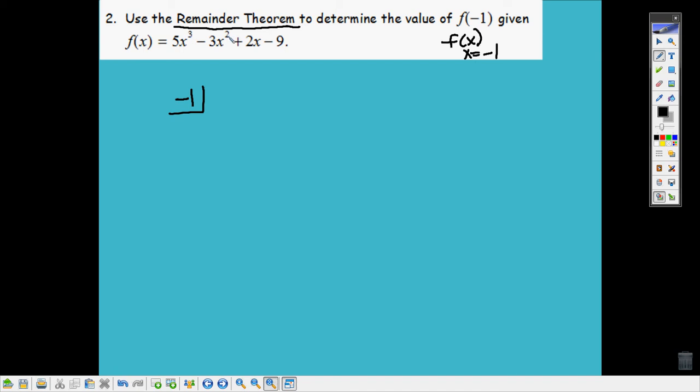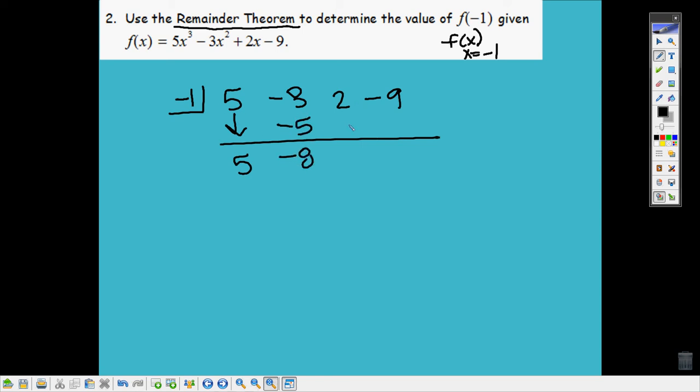So again, 3, 2, 1, and no x, so I'm going to have 5, -3, 2, and -9. So I'm going to bring my 5 down, times -1, plus -3 is -8, times -1 is 8. 8 plus 2 is 10, and -1 times 10 is -10, and I get -19.